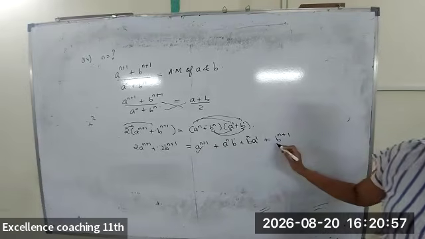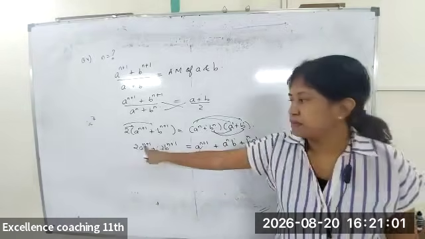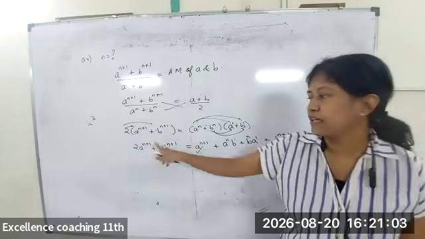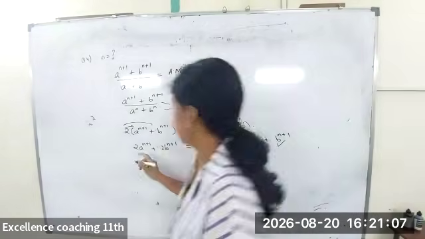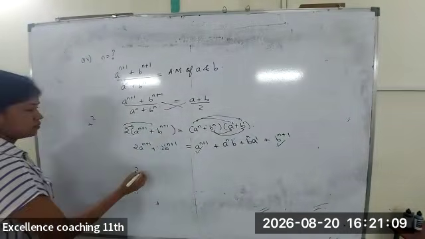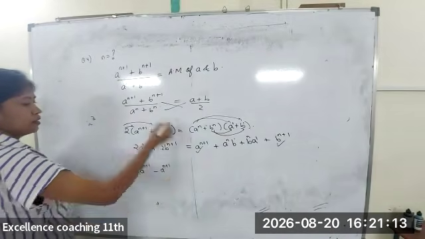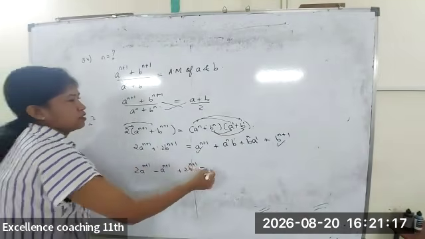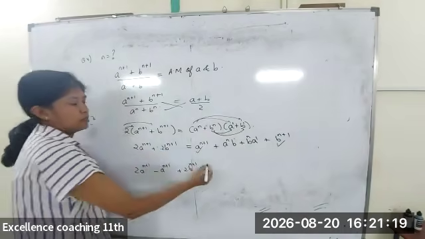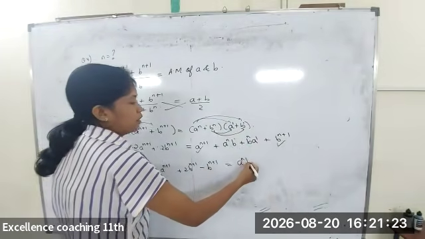This fellow and this fellow, you take on the left hand side. Same terms I see: a raised to n plus 1, a raised to n. Always same, take them on the left hand side. Then b, you bring to the other side. These two terms I'm keeping here only.